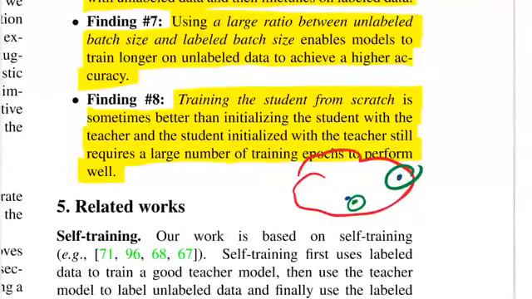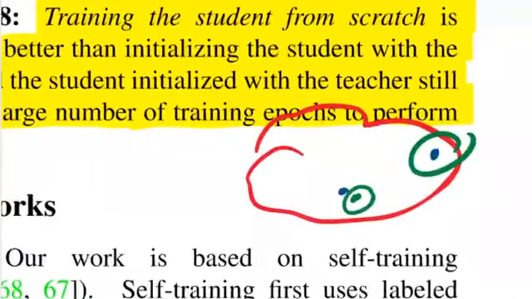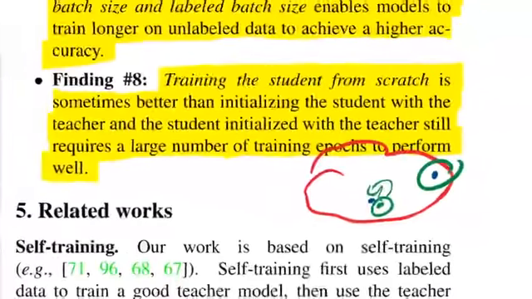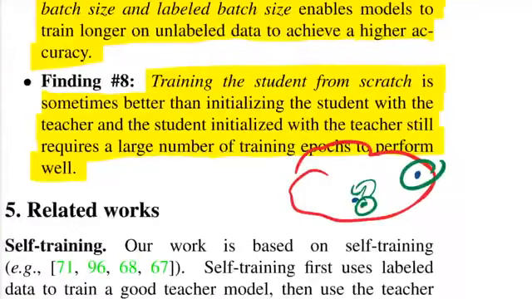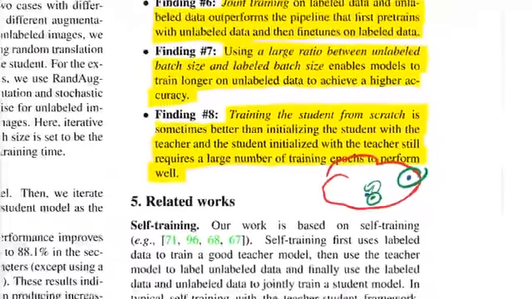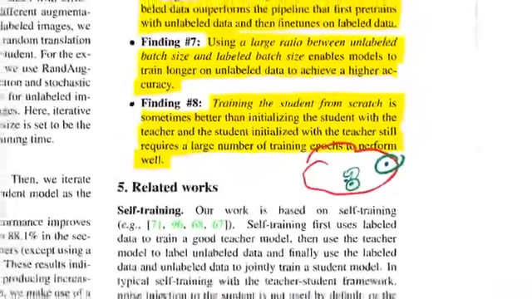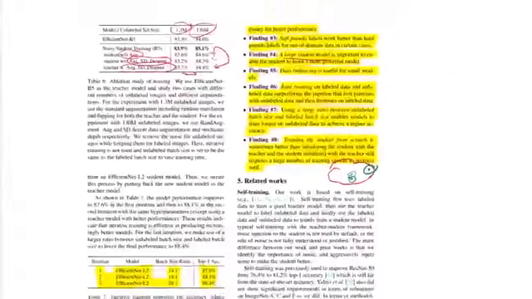It might be the case that it needs to overcome a hill here, even though the minimum might be close. There's lots of research on how minima are distributed in these weight spaces, which I don't want to go into right here, but it is a fairly interesting observation that it's not always helpful to initialize the student at the teacher's optimum.